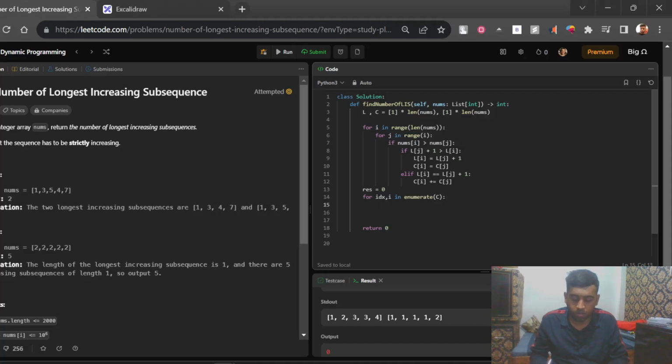Whenever L of idx, and we'll also be storing the max value, max of L, if L of idx equals mx, then you are going to add the value of ci.